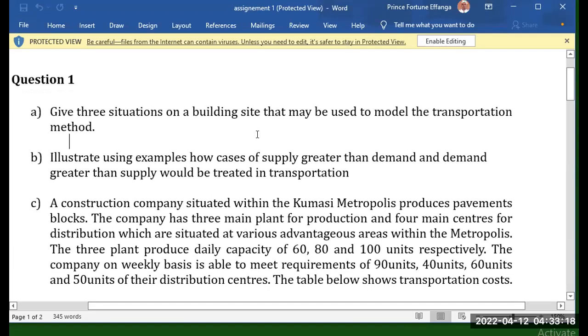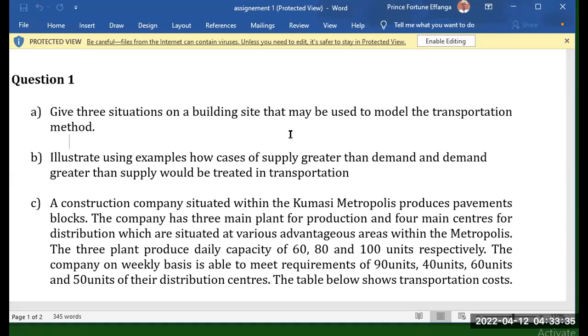Okay, you see, anytime you're supplying goods and materials, you can use the transportation model to find the best one. You're told to give 3 situations. You use the transportation model to find the best route to use to supply your materials.